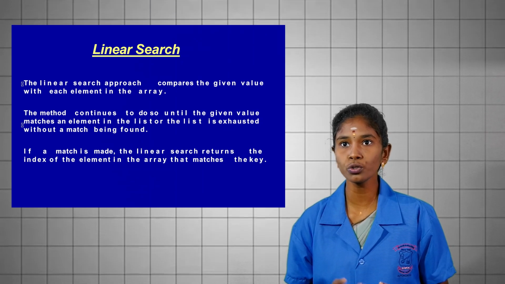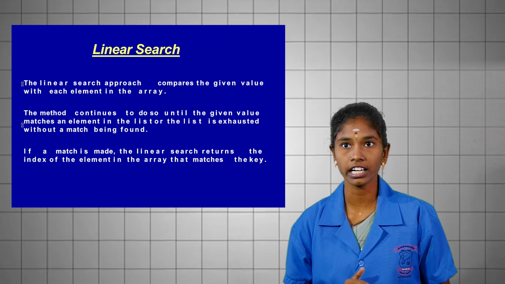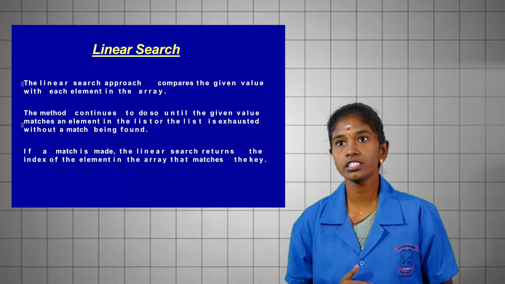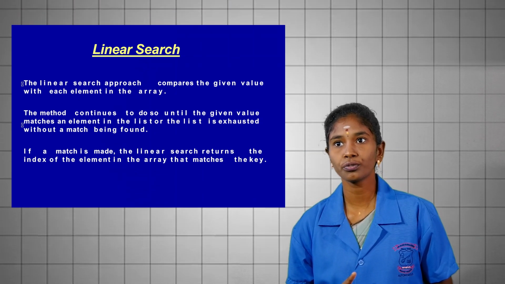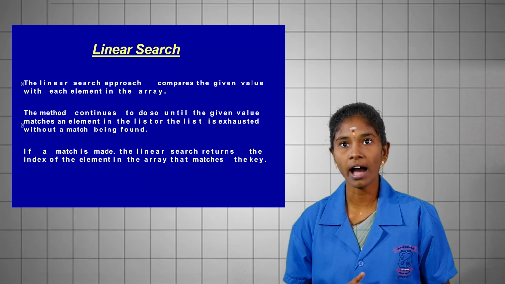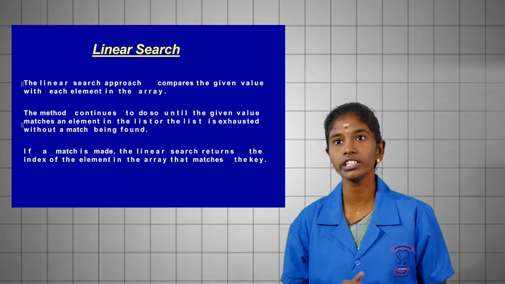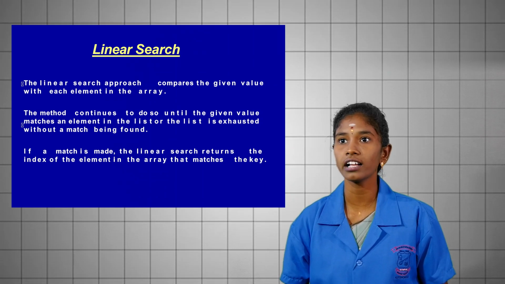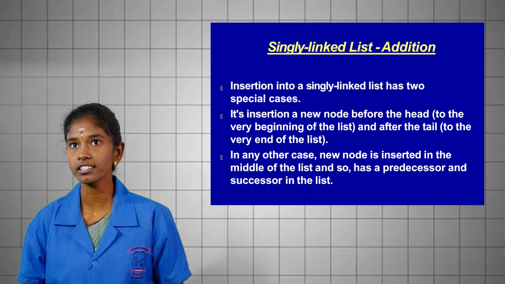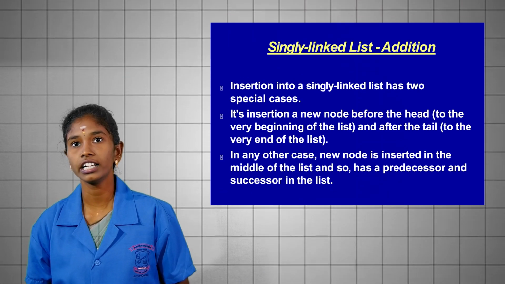The method continues to do so until the given value matches an element in the list or the list is exhausted without a match being found. If a match is made, the linear search returns the index of the element in the array that matches the key.